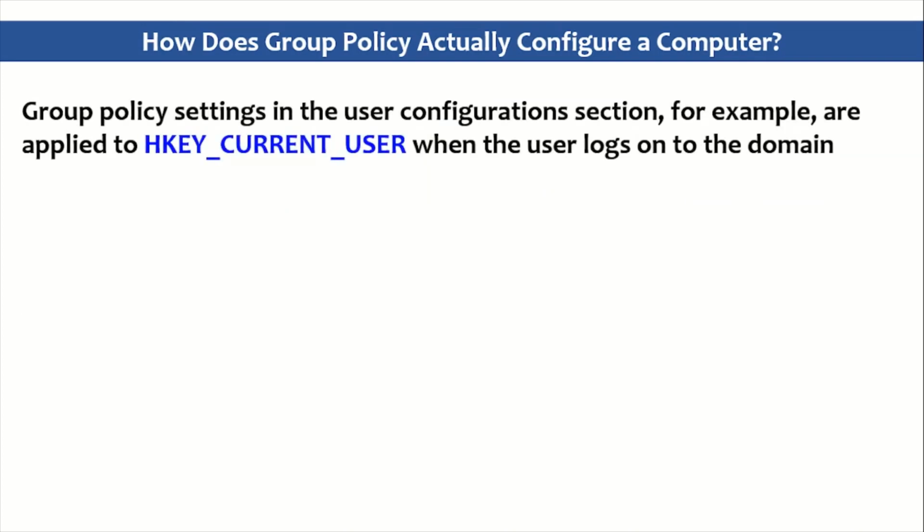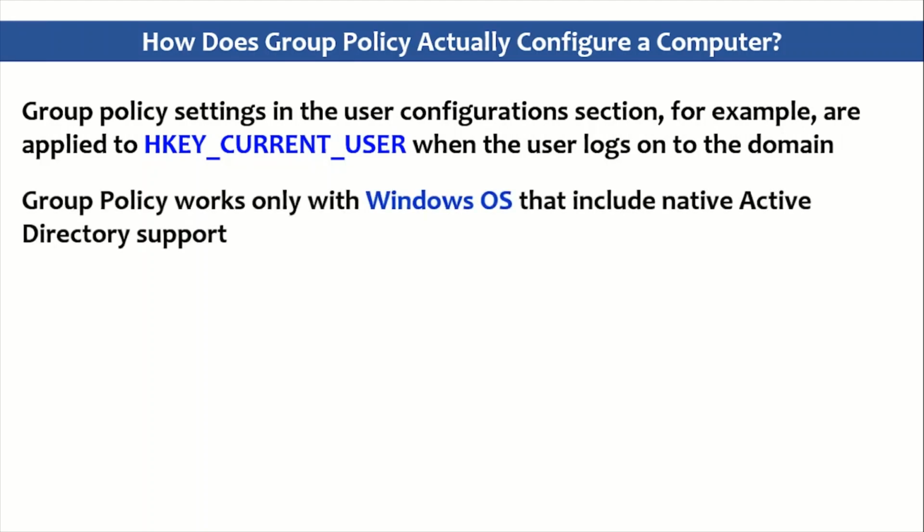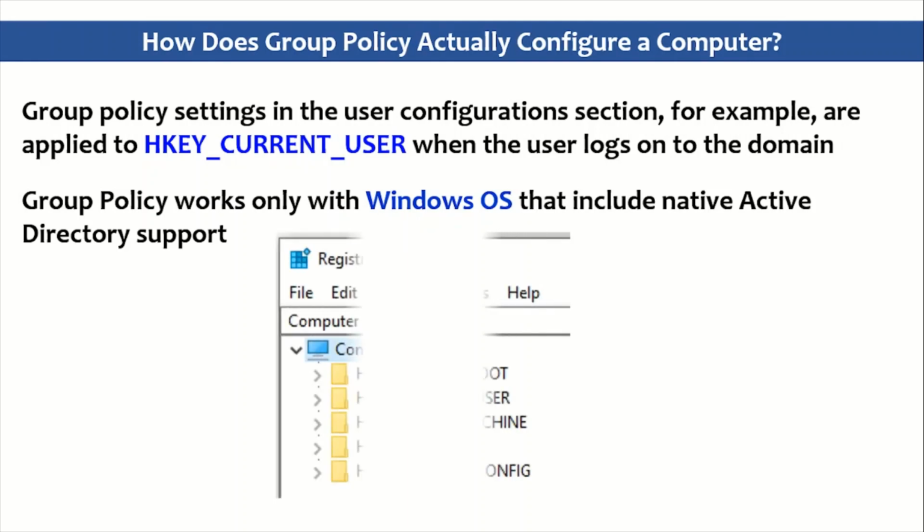The group policy settings in the user configuration section, for example, are applied in HKEY_CURRENT_USER when the user logs on to the domain. And you have to remember one thing, group policy only works with Windows operating systems that are native to Active Directory support, meaning it will only be applicable to Windows computers which are Active Directory domain joined.